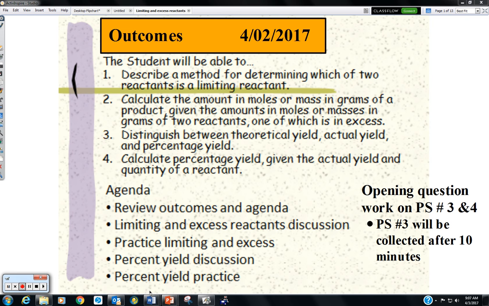I'm going to flip my agenda in the order that I teach this. I'm going to teach the percent yield material first, and then come back to the limiting and excess, as the percent yield is a little bit easier calculation to do.